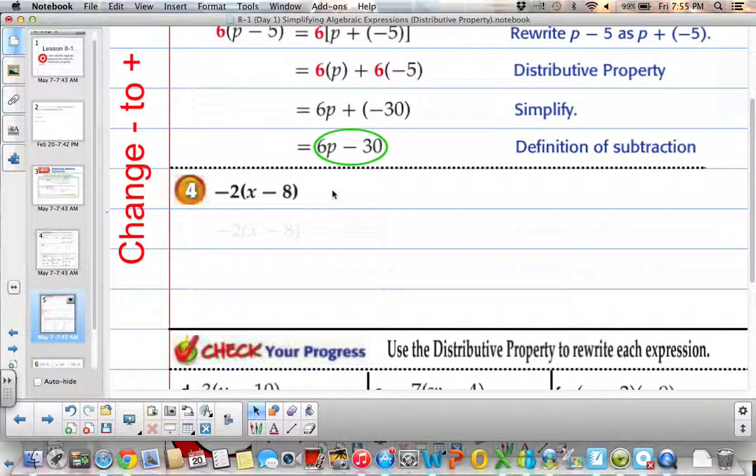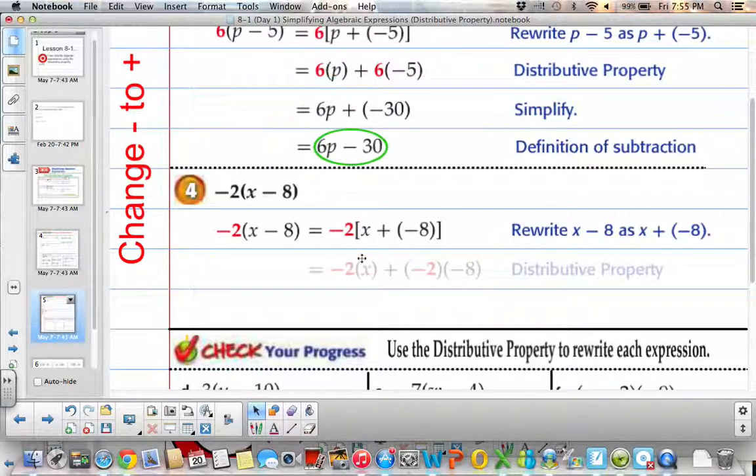Okay, so here we have negative 2 times x minus 8. We're going to rewrite our x minus 8, so it's x plus negative 8. And then we're going to distribute our negative 2 out. Remember, since it's a negative, our negative stays with our number as we distribute to each other number.